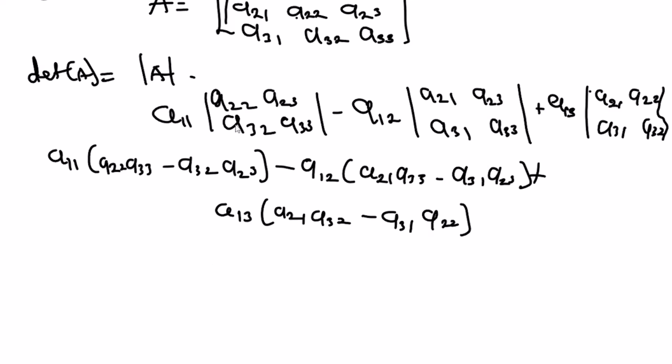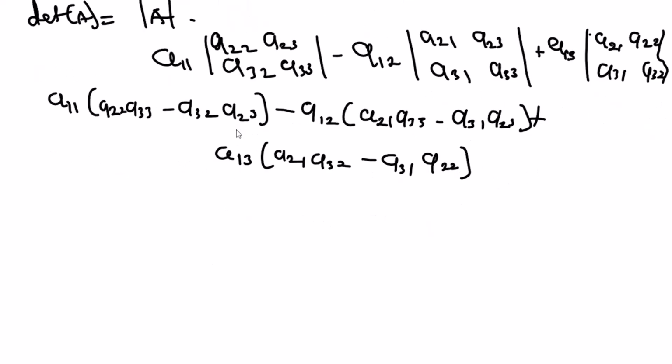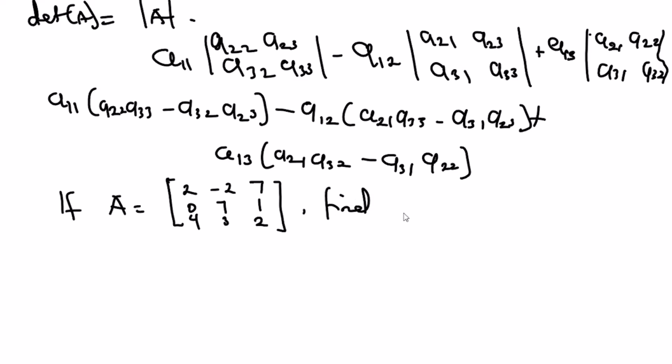Alright, so let's take an example on that. If matrix A is 2, -2, 7, 0, 7, 1, 4, 3, 2, find the determinant of A. Now, this is a 3 by 3 matrix, so we are going to pick the first row.